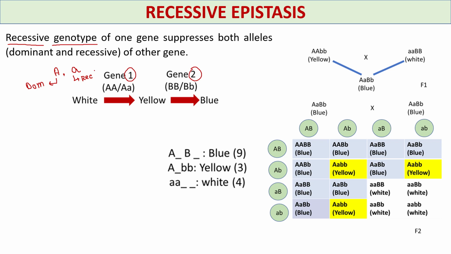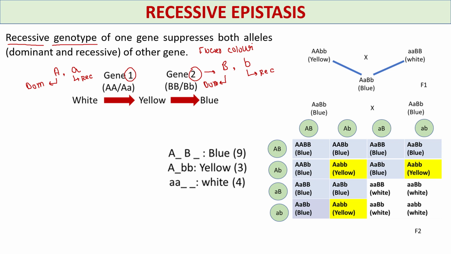Similarly, gene 2 has two alleles, capital B and small b. Capital B is dominant, small b is recessive. Both genes are responsible for flower color.